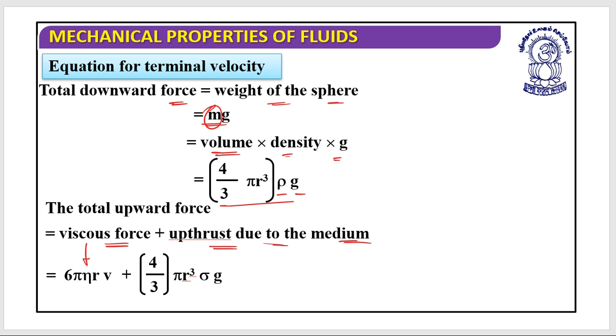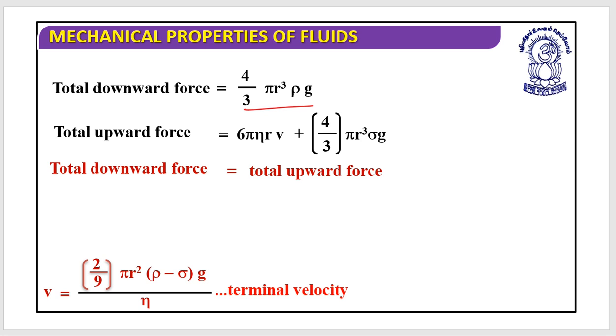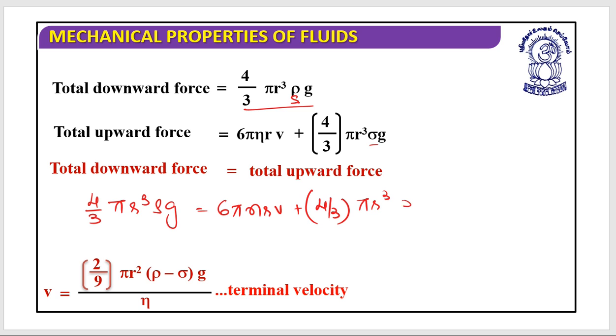The viscous force is 6 pi eta r v, and the upthrust is 4 by 3 pi r cube into density of liquid into g. So the total downward force equals the total upward force: 4 by 3 pi r cube, density of solid, into g, equals 6 pi eta r v plus 4 by 3 pi r cube, density of liquid, into g.